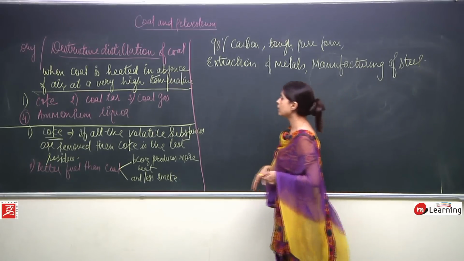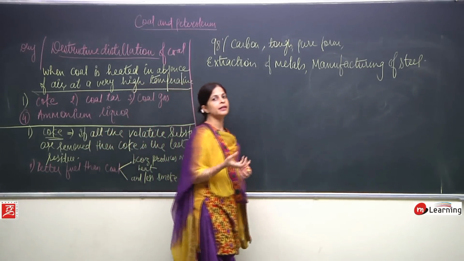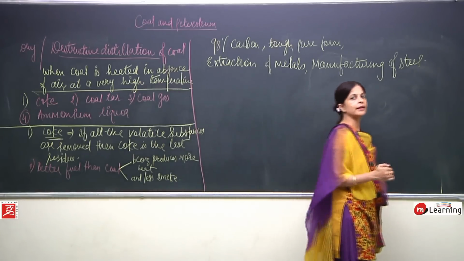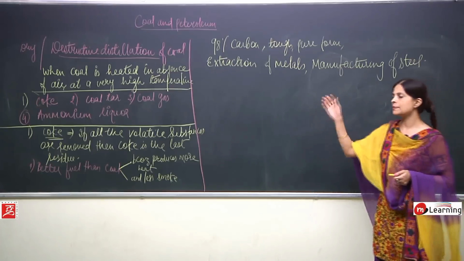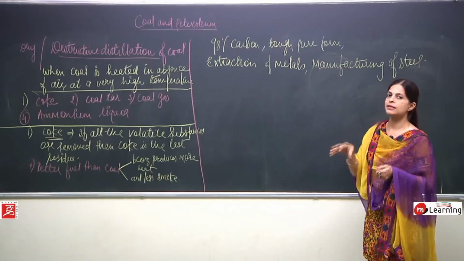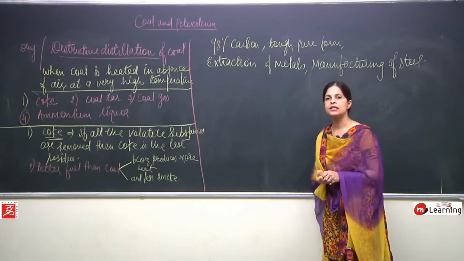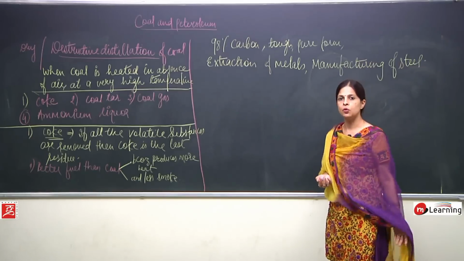When coal is heated in absence of air at high temperature, various substances are formed. When all the volatile substances are removed, then coke is the last one to be formed. After this, we can say that coke is a much better fuel than coal. Why?